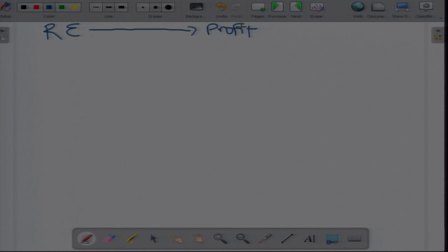I told you to remember this because we're going to see it again. The difference between retained earnings and profit: retained earnings is prior years, previous years, and profit is current year. I told you there's one more thing that operates the same, and this is called depreciation. Now, cumulative depreciation is always previous years, and depreciation is your current year.